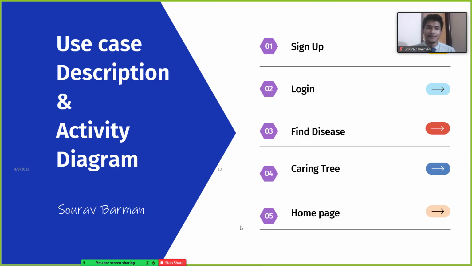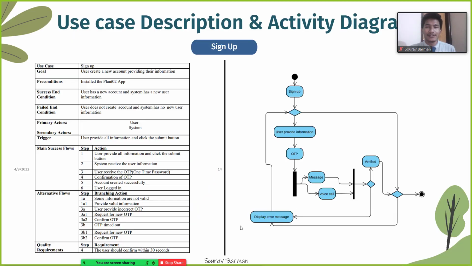Now I'm going to discuss the use case description and activity diagram. My use case description is about sign up. On the left side is the use case description and on the right-hand side is the activity diagram of the use case description.